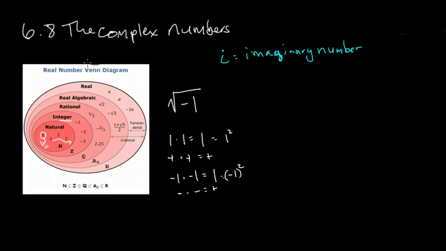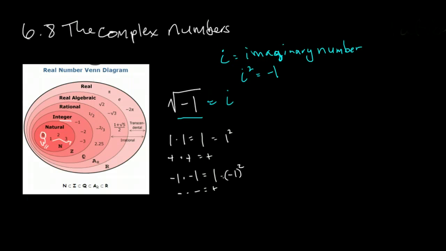So one way that you can conceive of i is to say the square root of negative 1 is i. See, if I take i and I square it, I will get a negative 1. Well, that's the definition of i. So the square root of negative 1 is also i.